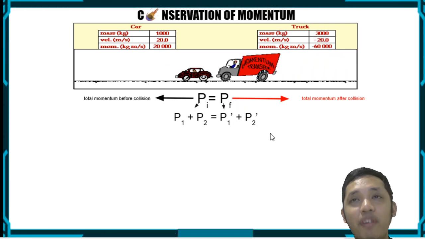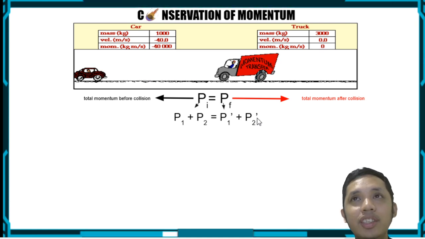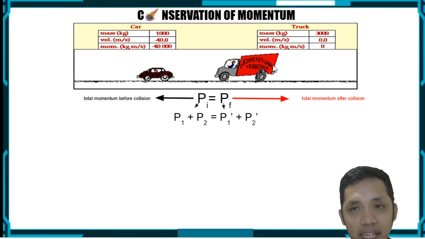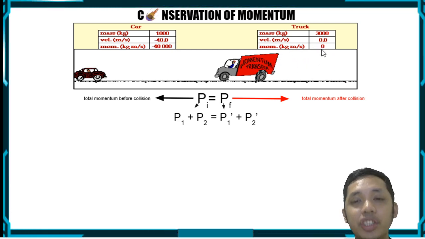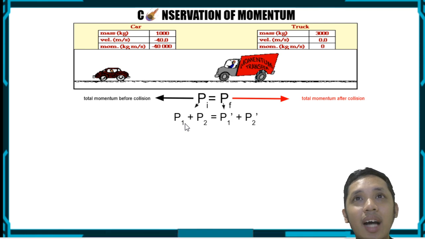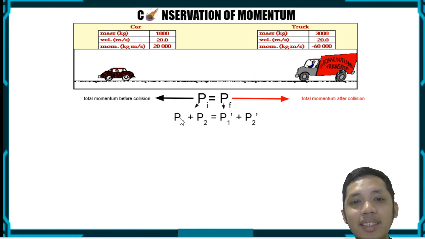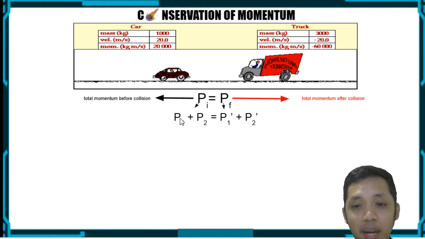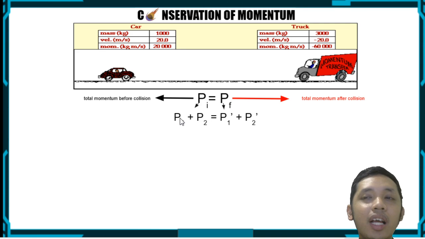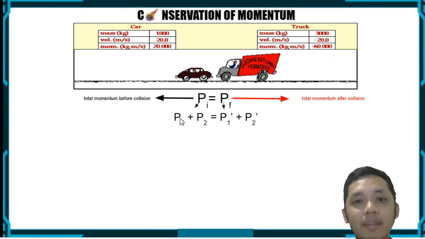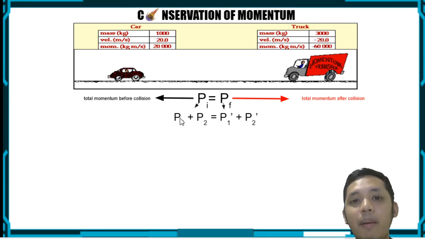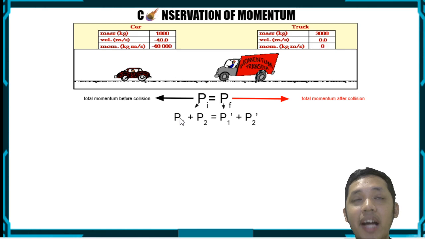So, for P sub 2 prime, that is the momentum of the second vehicle after the collision, that is 0. But we're not yet done, since each momentum has subcomponents as well. Just like what we were discussing in our previous lesson, we argued that momentum depends on the mass and velocity of an object.